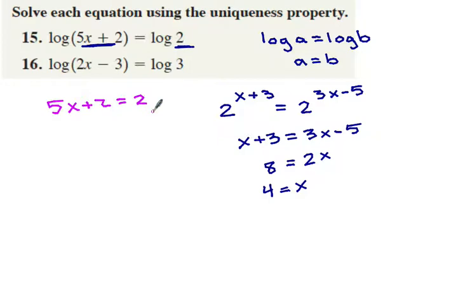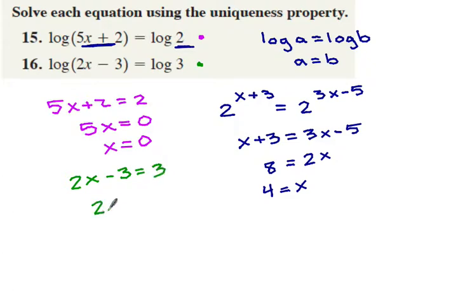So subtract 2, 5x would equal 0. Divide by 5, so x is going to equal 0. We're looking at something like 16, same idea, log base 10, uniqueness property tells us that 2x minus 3 is going to equal 3. We can add 3 to both sides, so 2x will equal 6, and then divide, so x will equal 3.